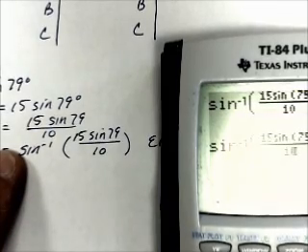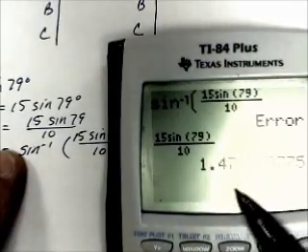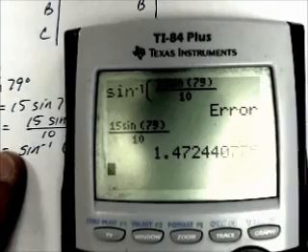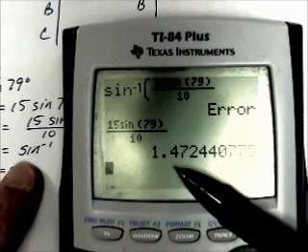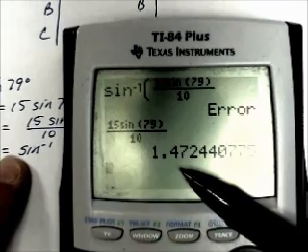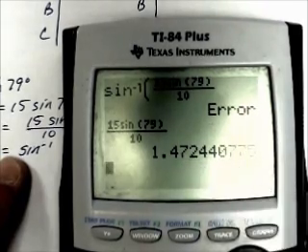So if I take away the sine inverse, that fraction is equivalent to 1.472 something. So that's over 1. And we know that there are no angles that have a sine value greater than 1. That's why we came up with an error.